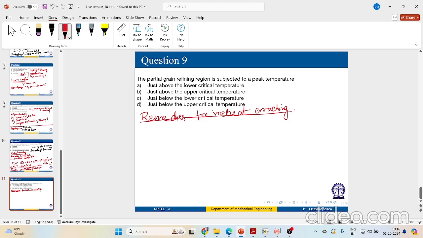So that has already been reported. If you do a multi-pass welding process, this is one option.